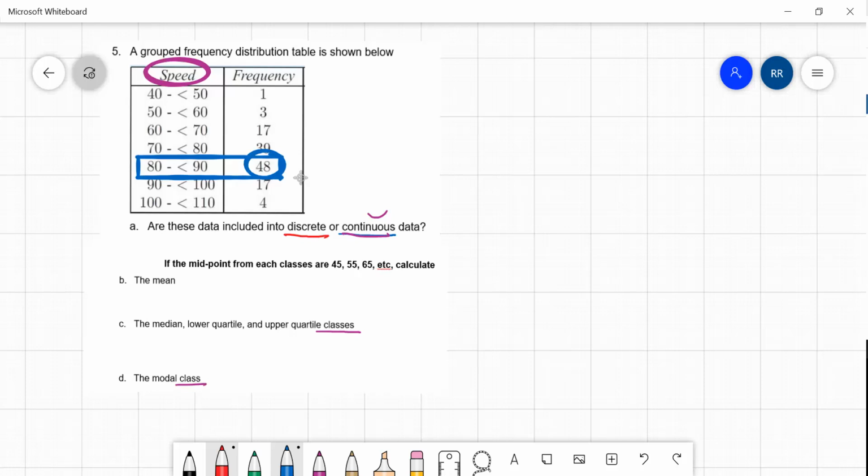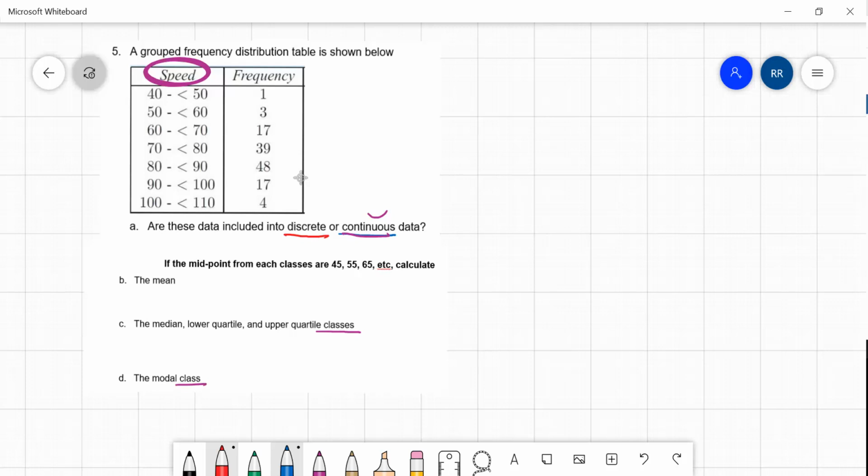So which means that the modal class is just 80 till 90. That's it. Because this one has the highest frequency.